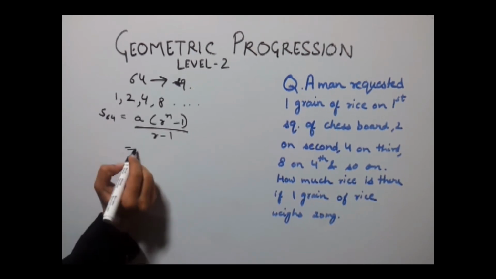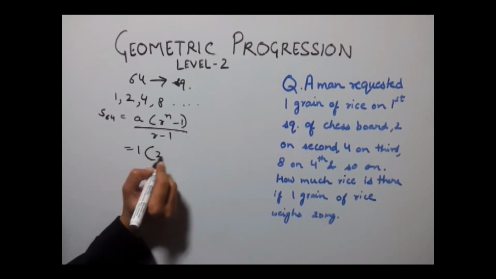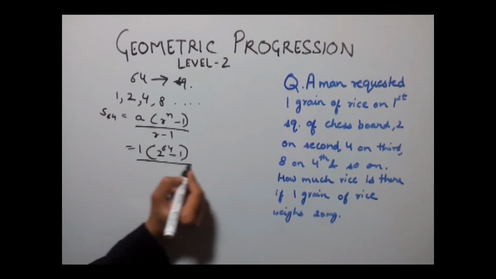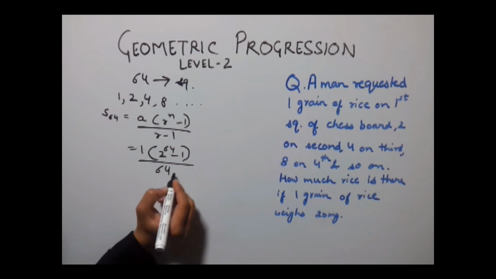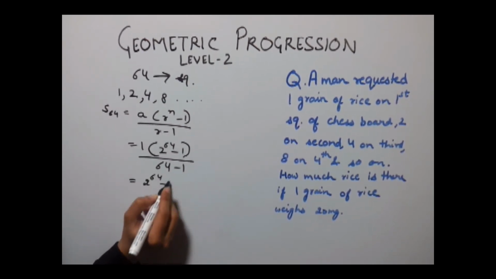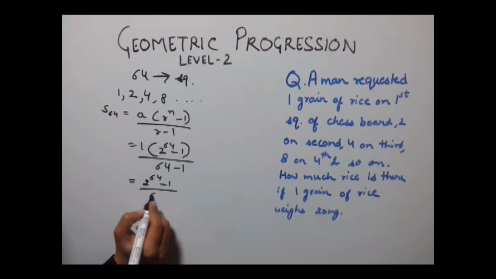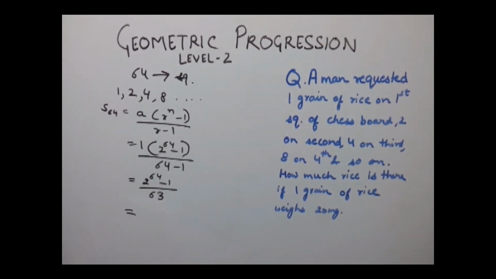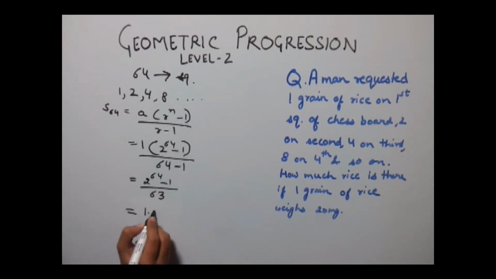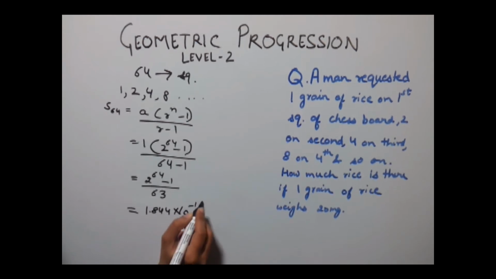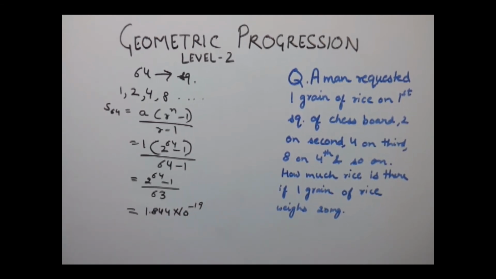It gives us A is 1 into R is 2 to the power 64 minus 1 upon 2 minus 1, which gives us 2 to the power 64 minus 1 upon 1. On solving this, you will get 1.844 into 10 to the power 19 as the answer.